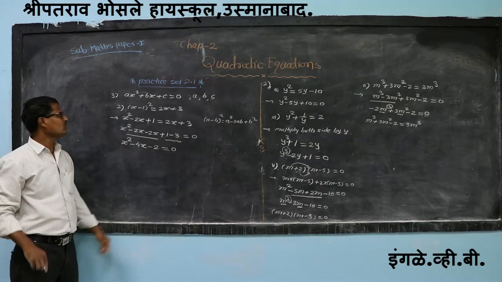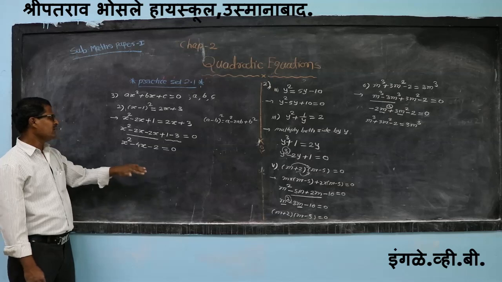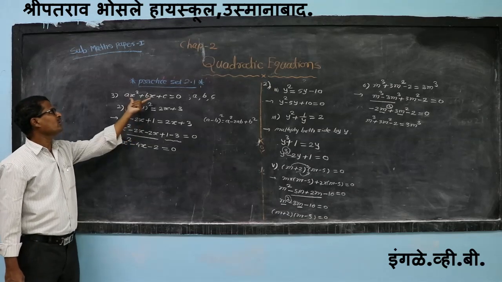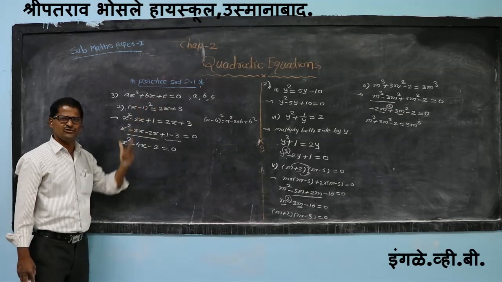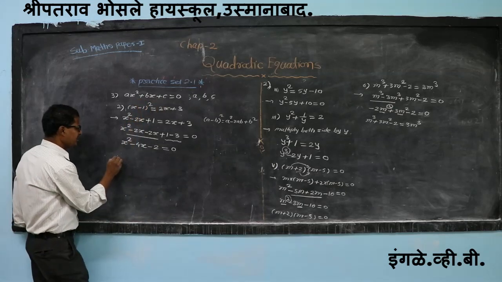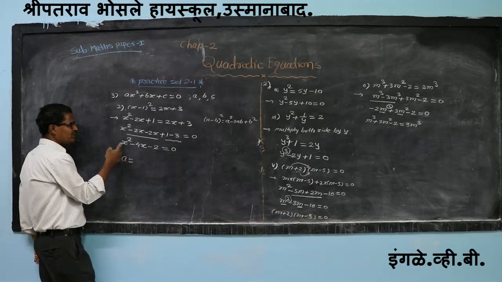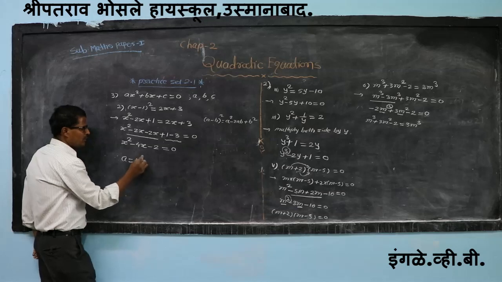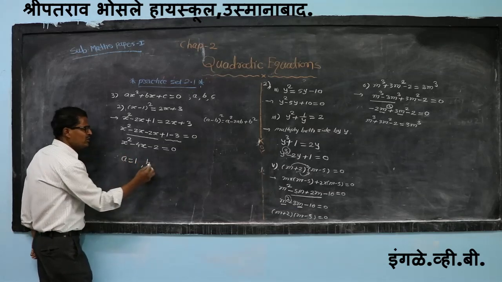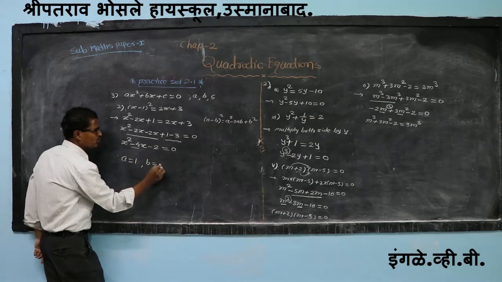Now here we convert the given equation into standard form. Then this equation we have to compare with the standard form ax square plus bx plus c is equal to 0. Then we get a is equal to, there is x square means there is nothing, means 1, comma b, linear coefficient, is equal to minus 4.